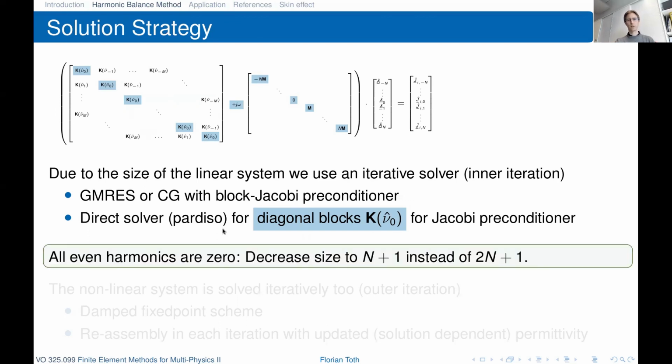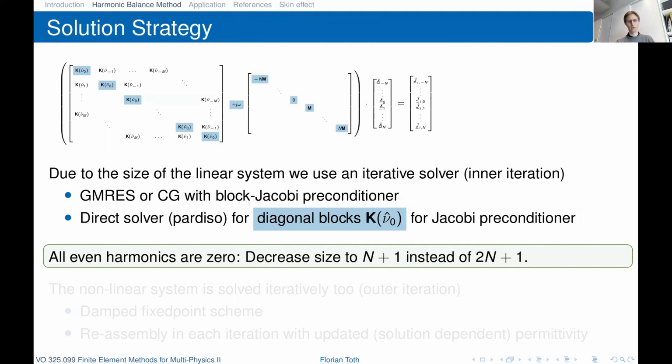We can improve the efficiency quite a bit if we consider that the even harmonics in this case have to be 0. So we can decrease the size to n+1 instead of 2n+1. So that's quite an advantage. However, now we have only solved the linear system.